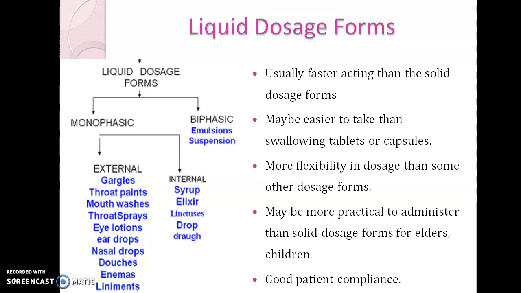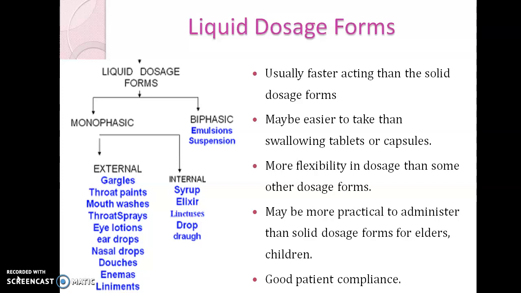Proceeding to the next, liquid dosage forms. Liquid dosage forms have many advantages over solid dosage forms. Usually they are faster acting than solid dosage forms, may be easier to take than swallowing tablets or capsules, have more flexibility in dosage, may be more practical to administer than solid dosage forms for elders and children, and give good patient comfort. Liquid dosage forms are classified into monophasic and biphasic.